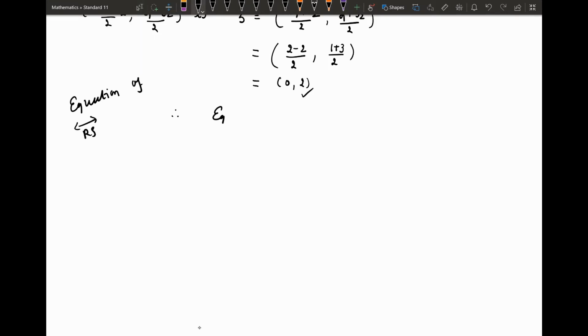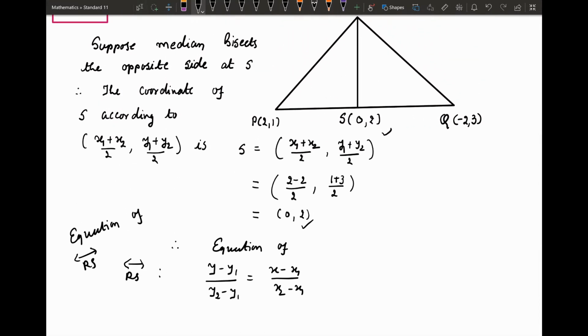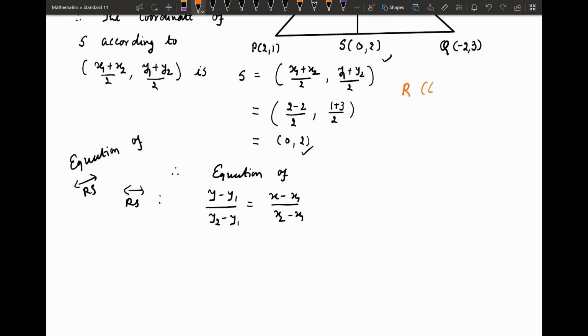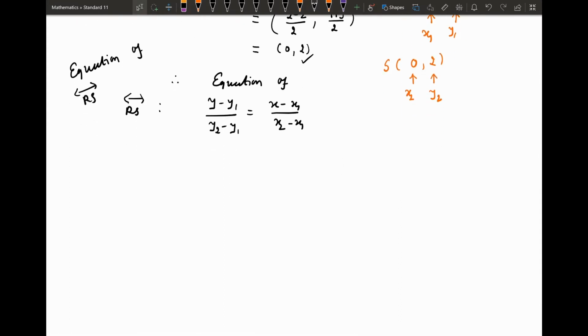Therefore the equation of line RS: we take the coordinates of R, 4 comma 5, as x1, y1, and the coordinates of S, 0 comma 2, as x2, y2.